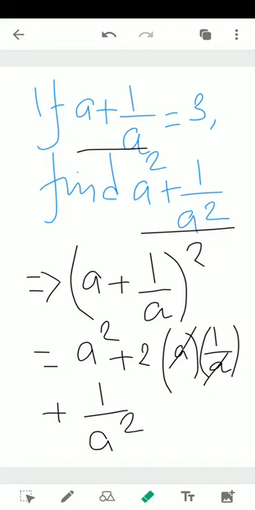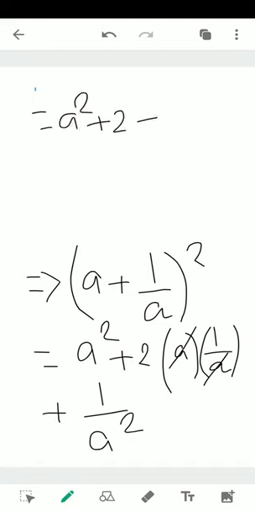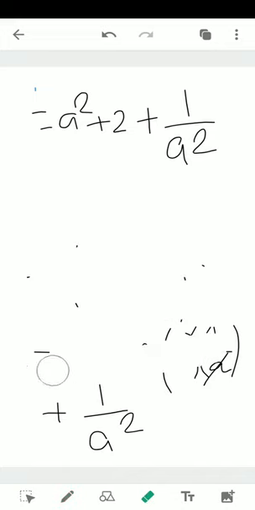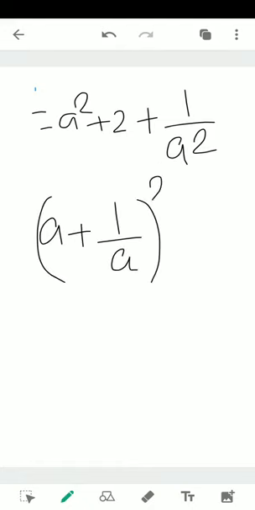So if I just erase this part, this will become a square plus 2 plus 1 by a square. So sorry, I have not reached the answer, so let us try to see what happened actually. I got (a plus 1 by a) whole square as a square plus 2 plus 1 by a square.